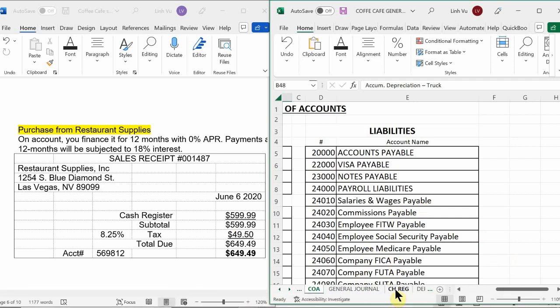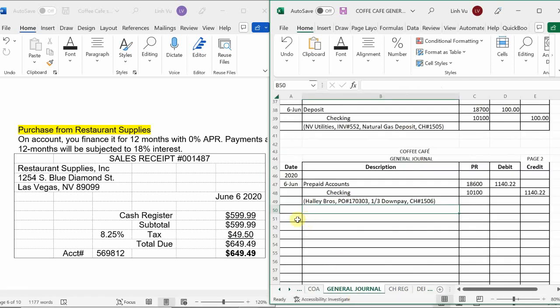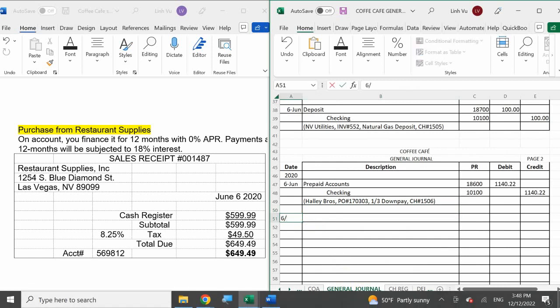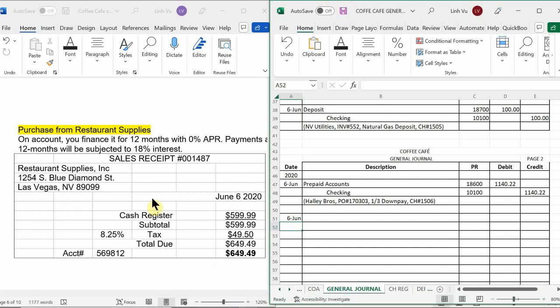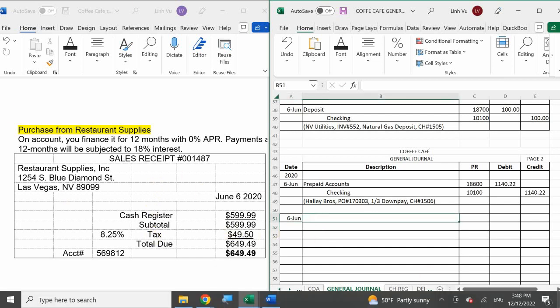So let's go ahead and plug it into our journal. In this case, we actually went to Restaurant Supplies and acquired the cash register right then and there. We opened up an account with Restaurant Supplies, and we decided to say, let's go ahead and do a payment plan.